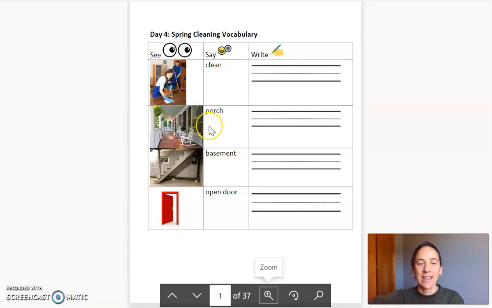Great. Let's do the next word. Look at the picture. This is down below the house. This is a basement. Repeat after me. Basement. Great job. Write basement on your paper or spell the word with the letters.